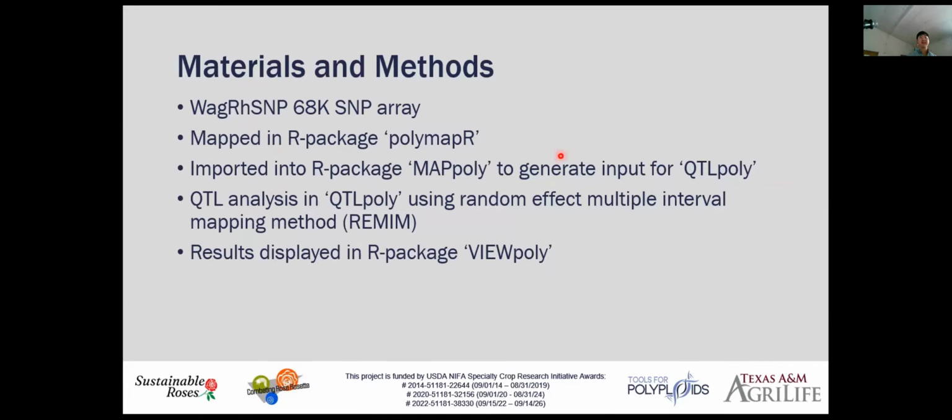We mapped things in PolymapR. I imported that map to MAPpoly to create the input for QTLpoly, which is where I did the QTL mapping. And I displayed the results using a new package called VIEWpoly that another postdoc in our lab, Chris Taniguchi, made to help us visualize some of this stuff.